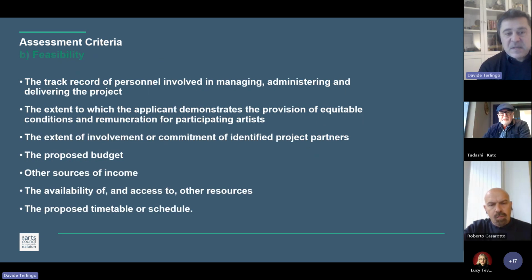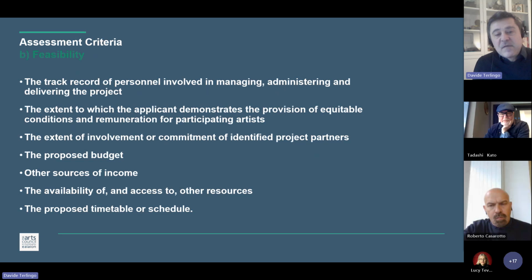And as part of feasibility, we look at the track record of the people and organizations involved in managing, administration, and delivery of the project. Of course, that again refers back to the supporting material we were asking for before. The extent to which the applicants demonstrate the provision of equitable conditions and remuneration for the artists is very important for us.